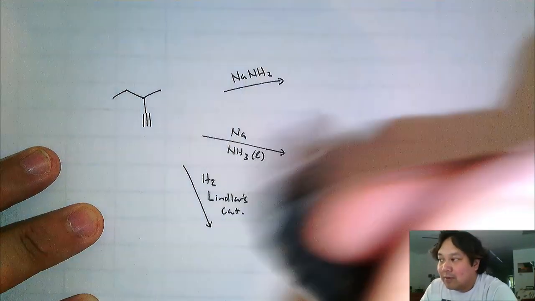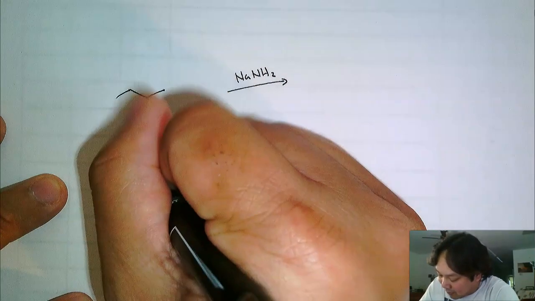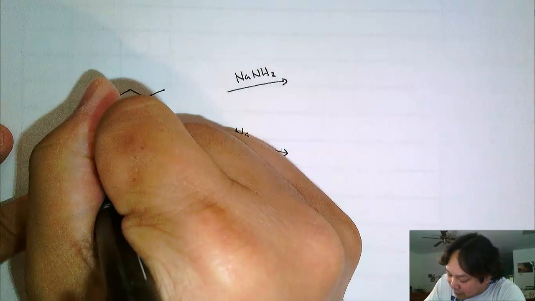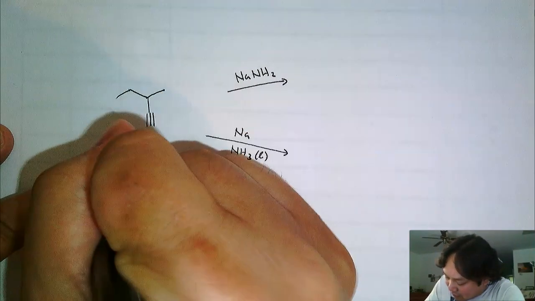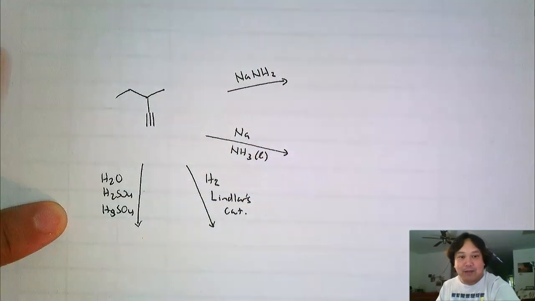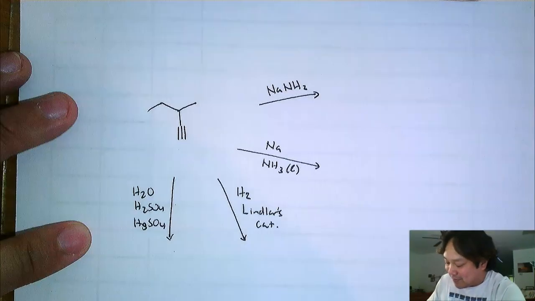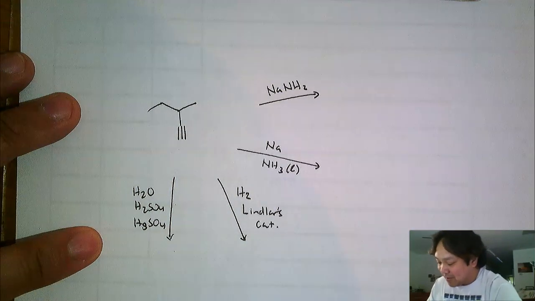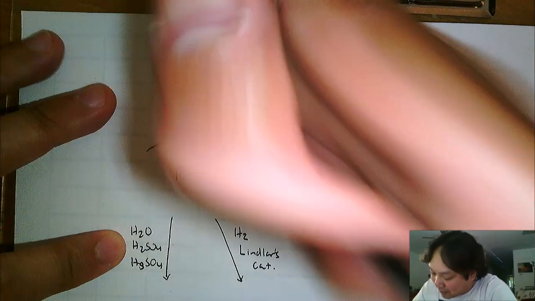In the video preceding this one, I think we did hydrations. Okay, it's getting a little bit cramped here. But one hydration was H2O, H2SO4, HgSO4, mercury 2 sulfate. And yeah, I didn't plan this out very well. I wasn't planning to do a roadmap right away. Okay, I'll do it up here.